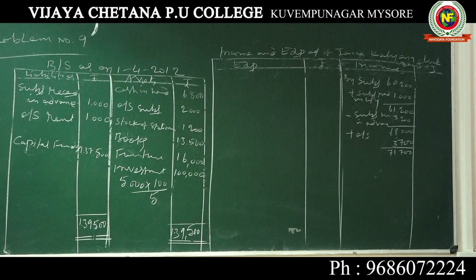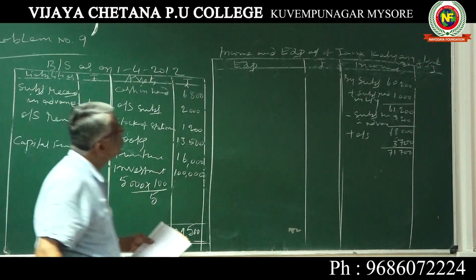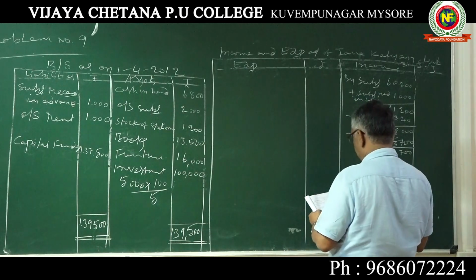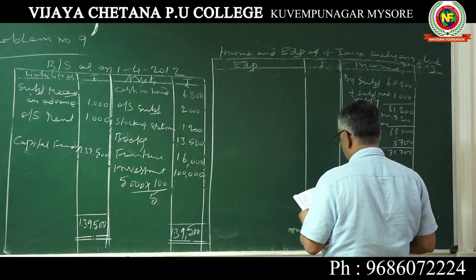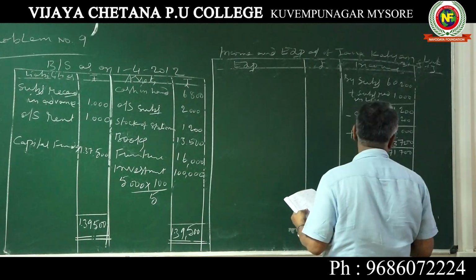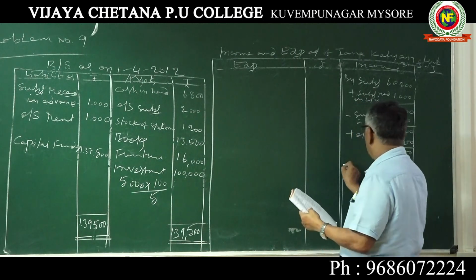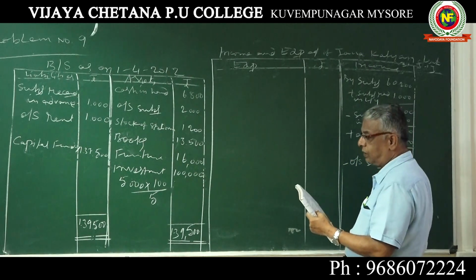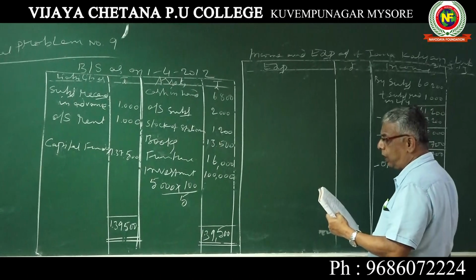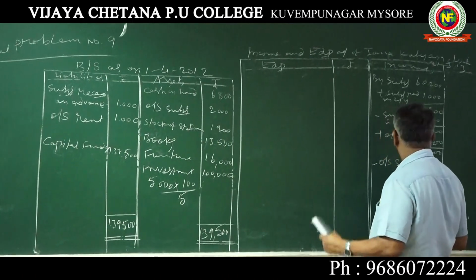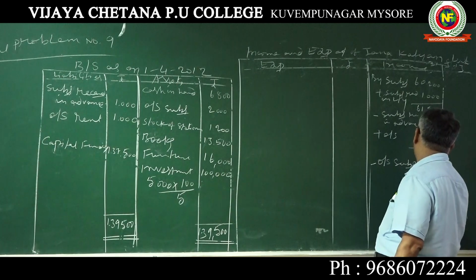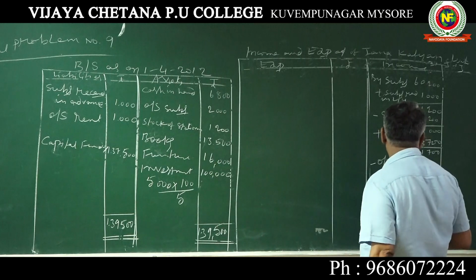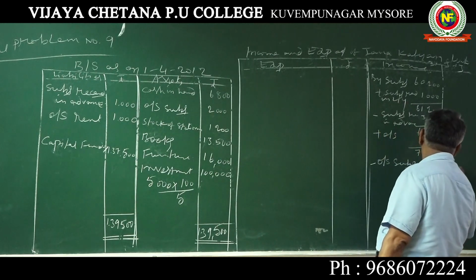Less outstanding subscription of 2012, 2,000, which we received last year. This includes 2,000 rupees that we have to deduct. Now we are going to get the difference.